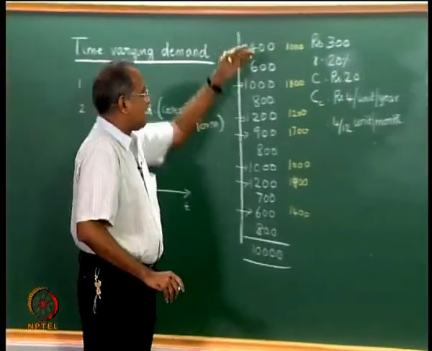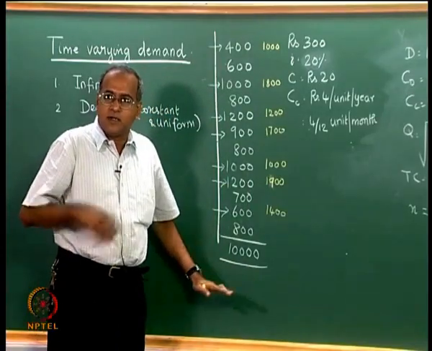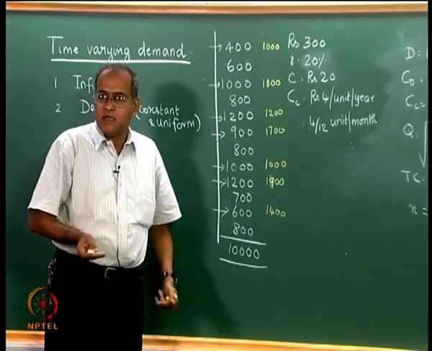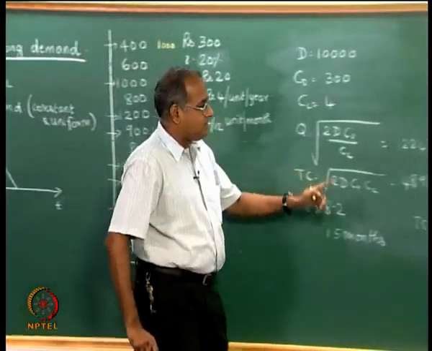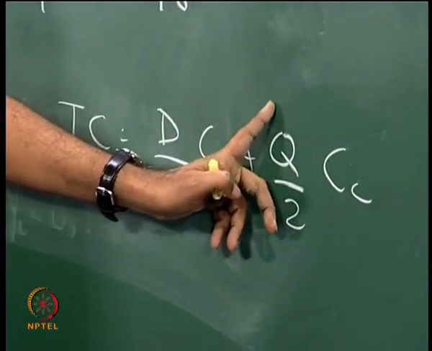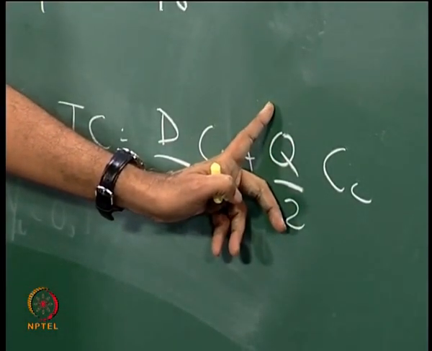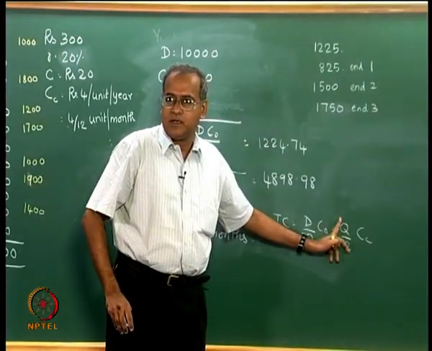Now the moment we look at a problem with time varying demand this way, the demand is not D at every instance, the demand is different. Therefore, the correctness of Q by 2 as representing the average inventory comes into question. So Q by 2 is not a correct estimator of this.